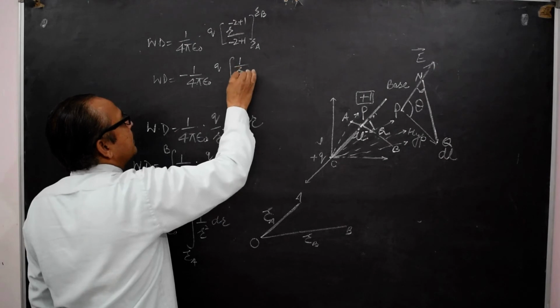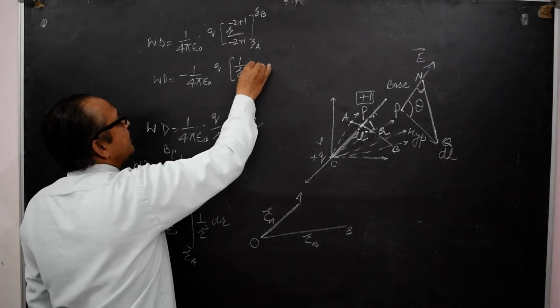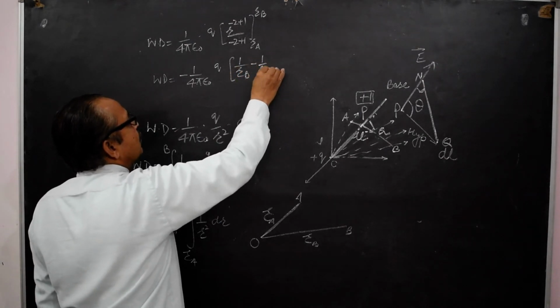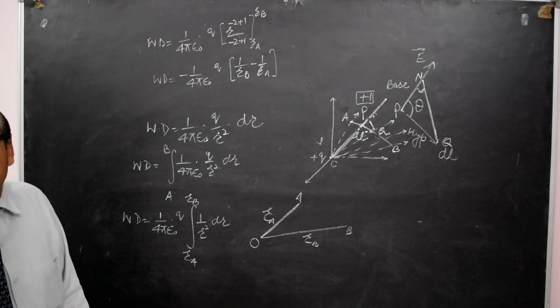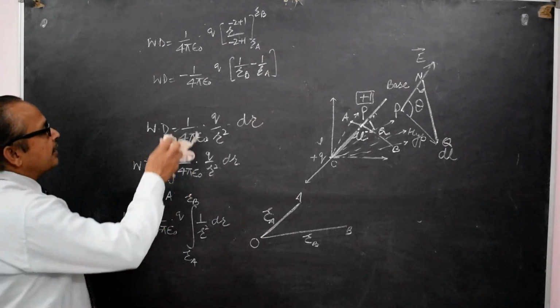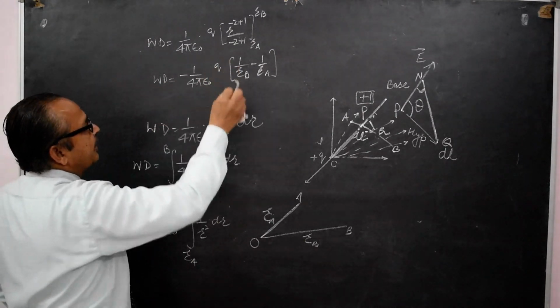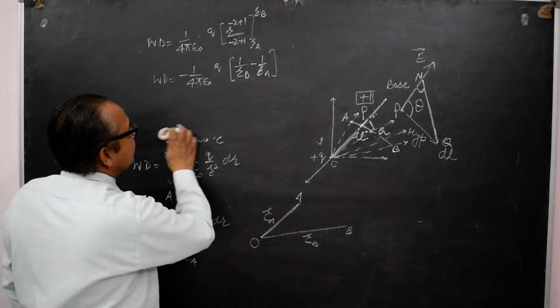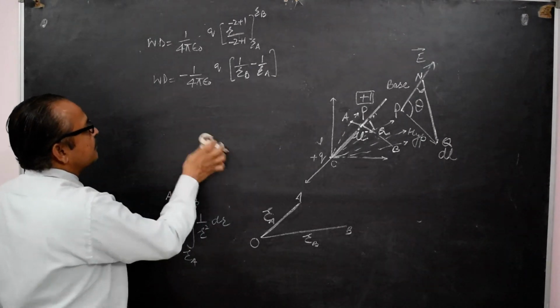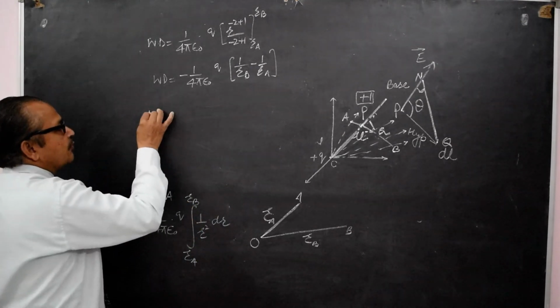1 over r, upper limit minus lower limit. Now when we take this minus inside, or when we multiply the entire term with minus, what we got?